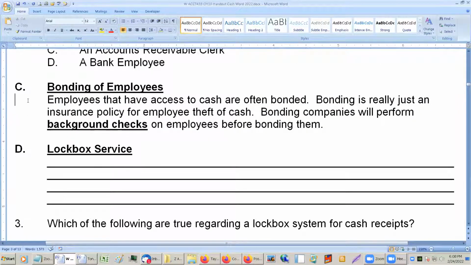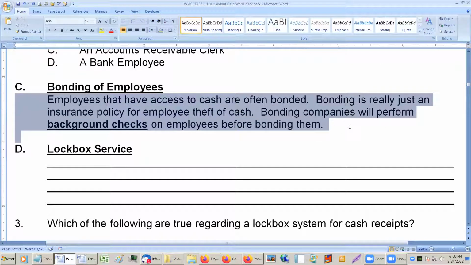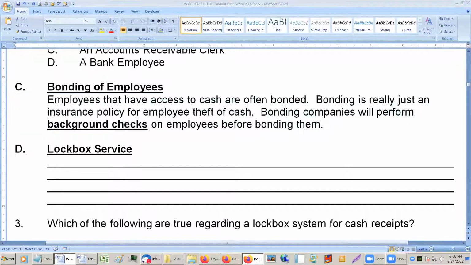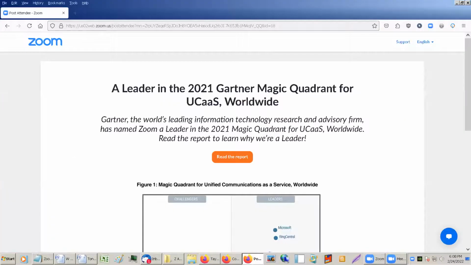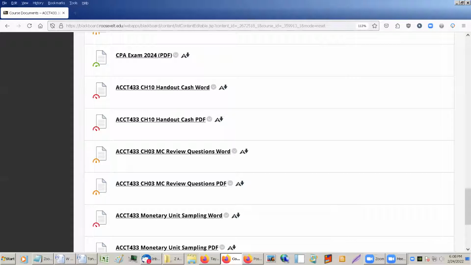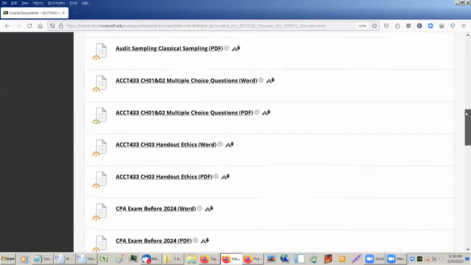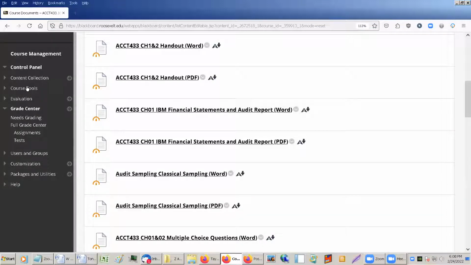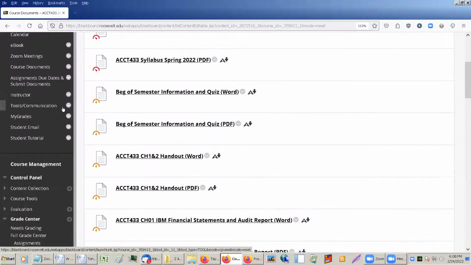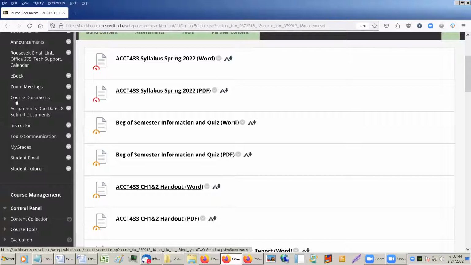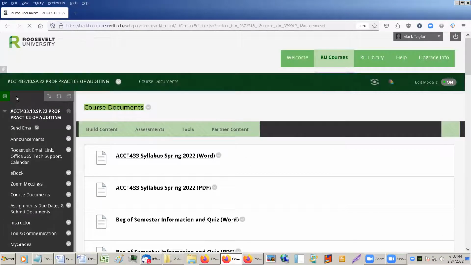Hey, did you, where is the file located? It should be in your email. It's also in Blackboard. Which one is it in Blackboard? It's under the course documents.